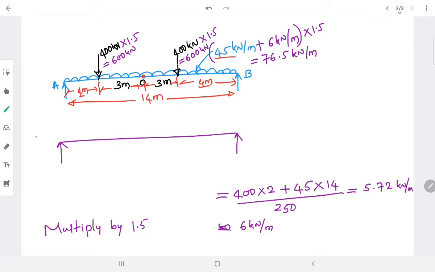All the factors of safety we have taken so that the design will be safe. This is 76.5 kilonewton per meter UDL. So whatever original loads he has given, we have multiplied for the factor of safety.